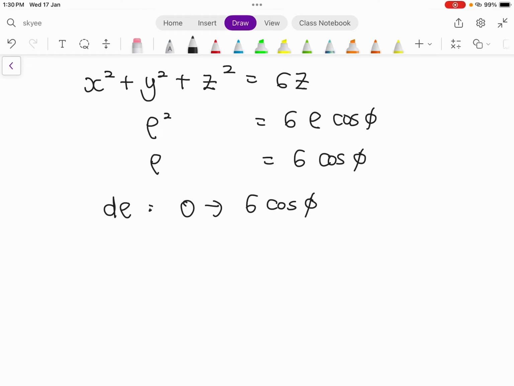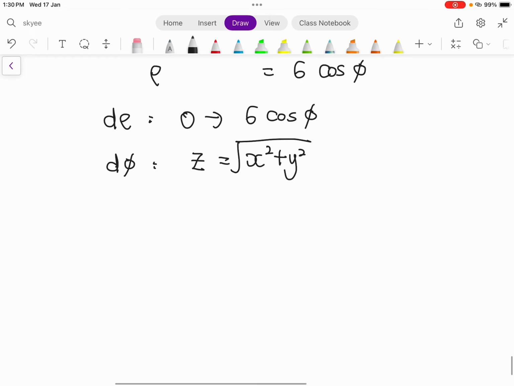Now for phi, remember I told you before, if the equation of the cone is z equals the square root of x squared plus y squared, then phi will be pi over 4. There are steps to show how phi becomes pi over 4; you can refer back to the module. For theta, it will be from 0 to 2 pi.